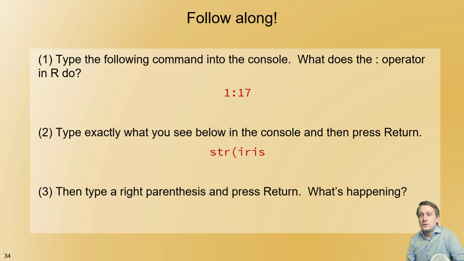What does it do? What do you see in the output? Then type str, open parentheses, iris, don't close the parentheses yet, then press return. What happens? What do you see on the console? And then type a right parenthesis and press return. What is happening? Okay, so pause the video here, do that, and then get back to the video.